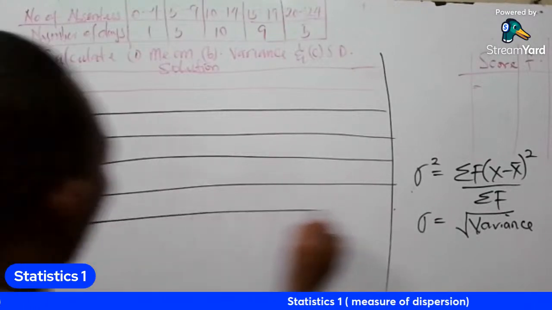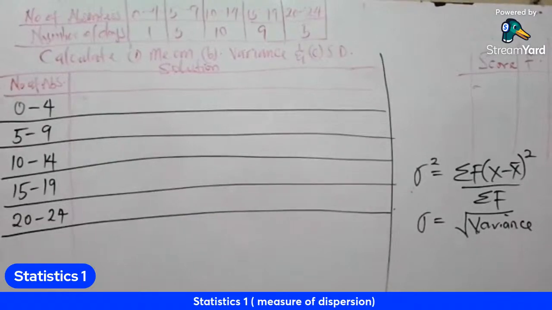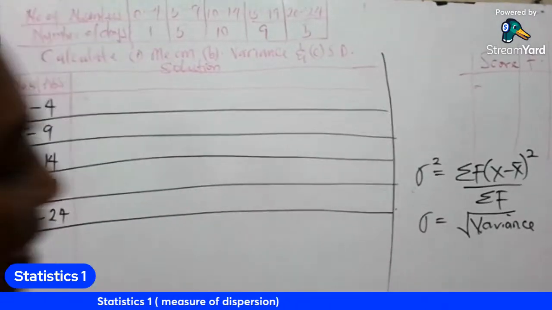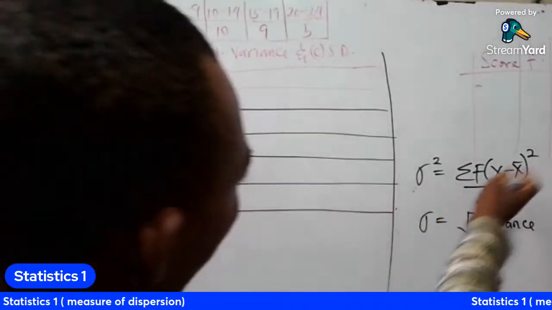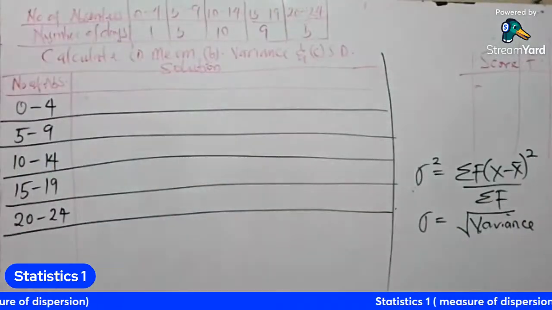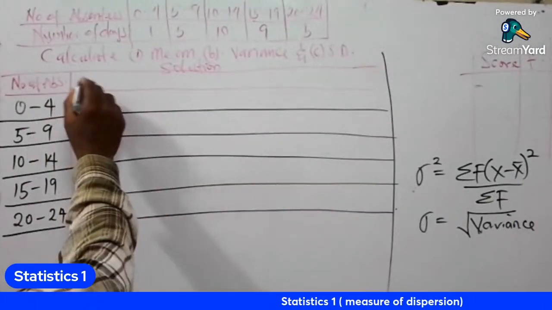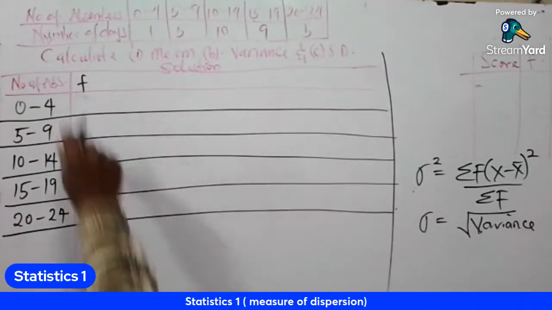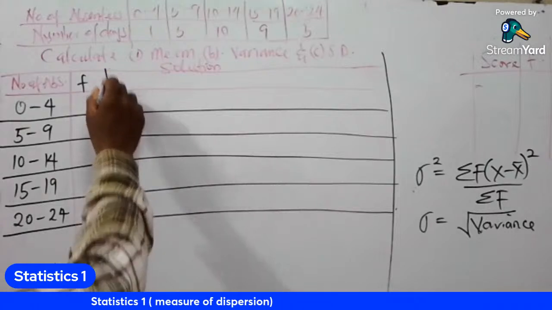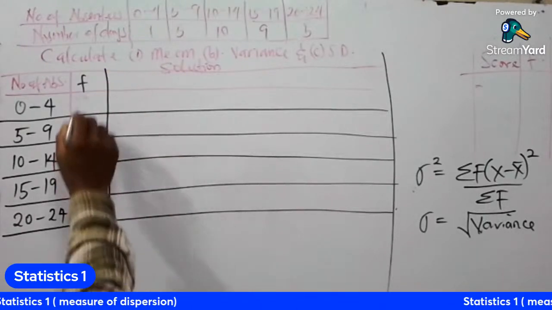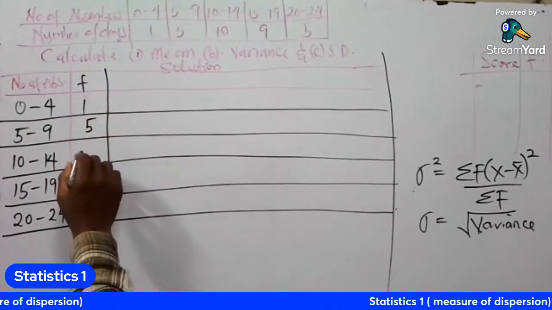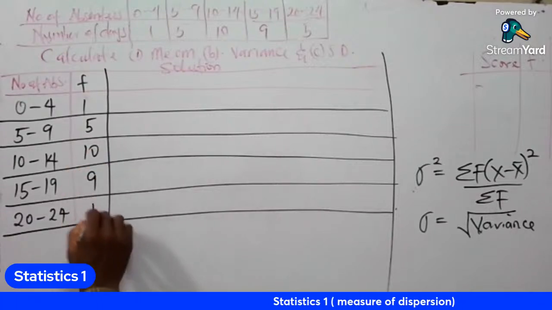Like I said, you don't need to cram the formula. It's a process. The variance is summation f into x minus x bar, so the first thing you need is your frequency, which is the number of days: 1, 5, 10, 9, and 5.